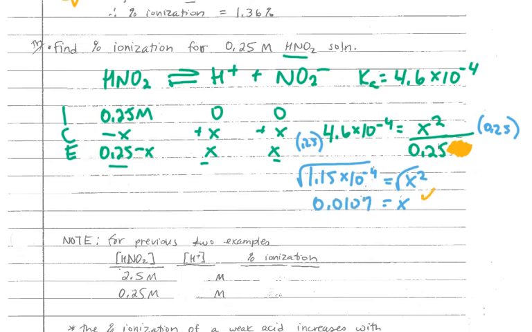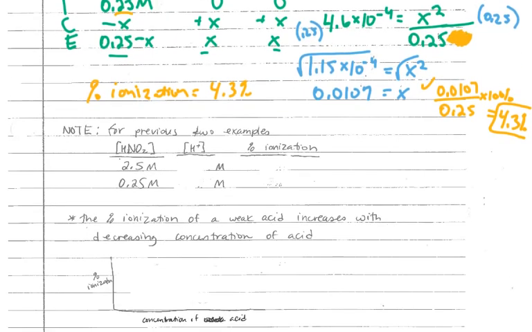We need to check if this X approximation technique is valid, and also simultaneously calculate the percent ionization by doing 0.0107 divided by the initial concentration of 0.25 times 100%, and we get 4.3%. So the percent ionization here is 4.3%.